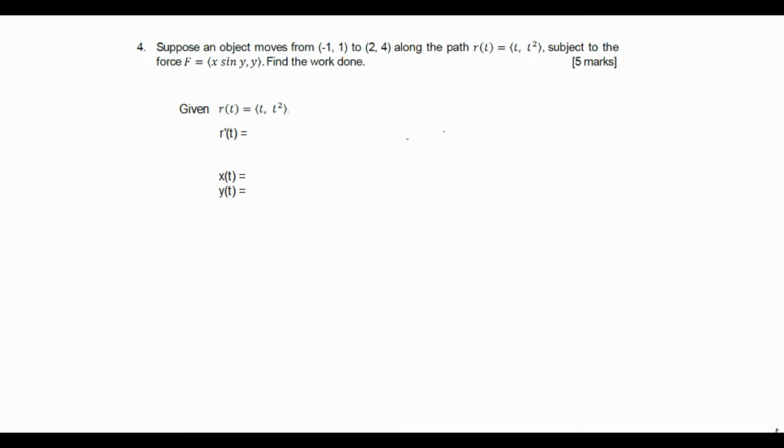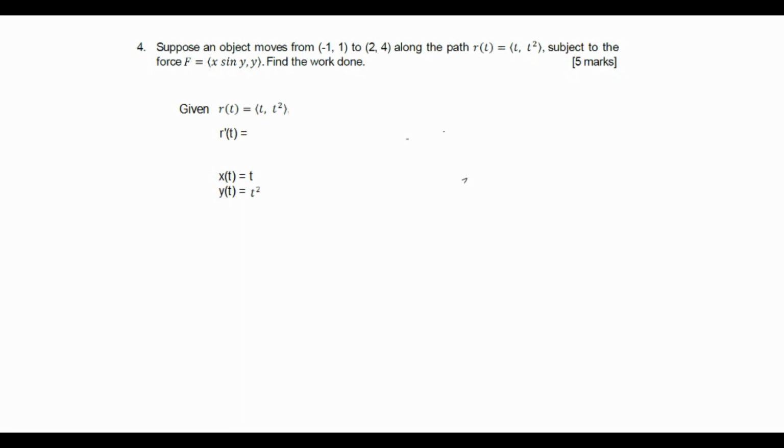So x(t) is simply t from this equation, and y(t) is simply t squared. Alright, and what you need to do next is just to find the limits for t.